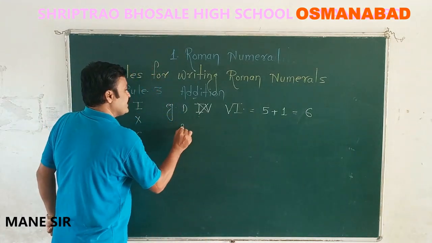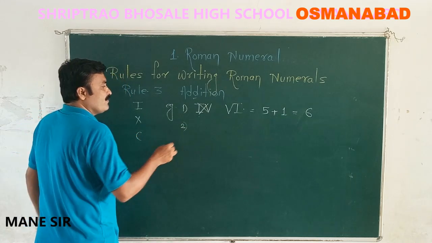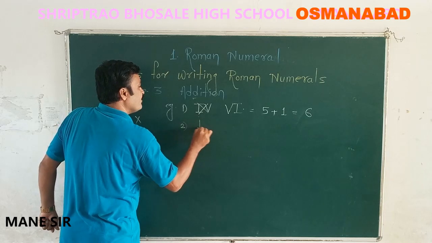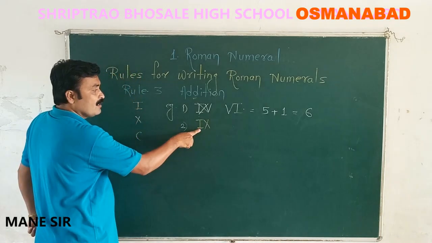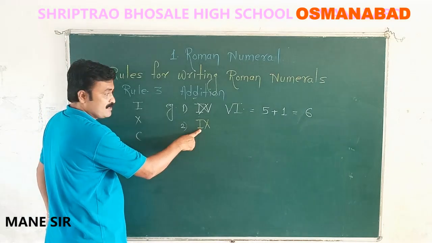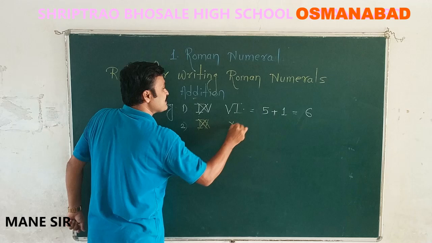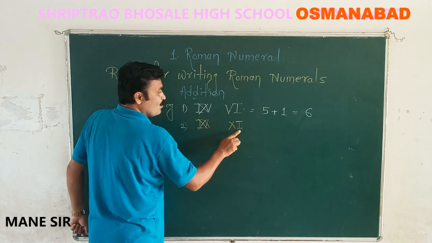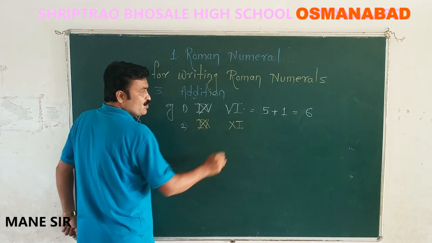Thereafter, we take the second example. Yesterday we took IX, which is based on the subtraction process. But instead of this, if we write XI, the smaller numeral is written after the bigger numeral.